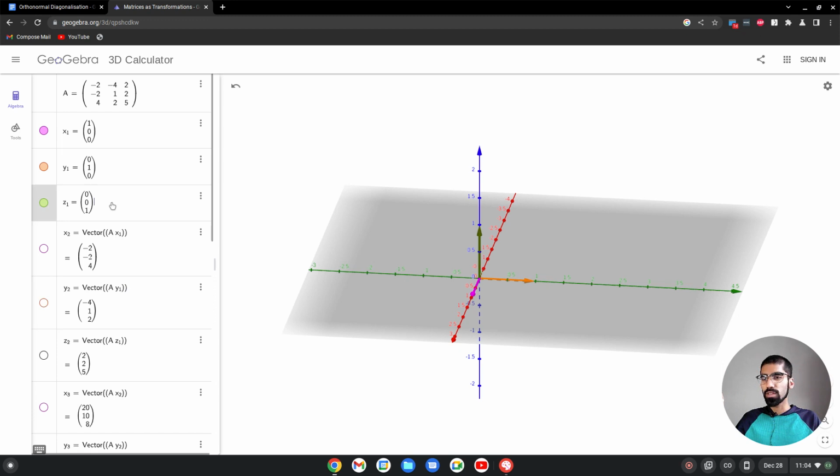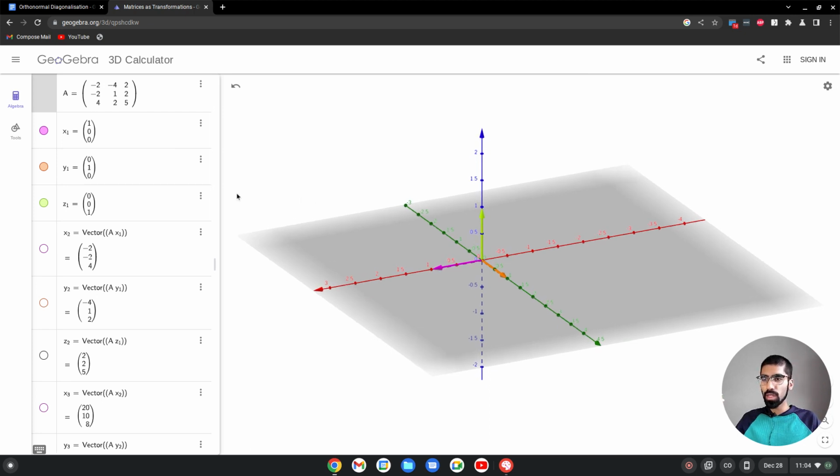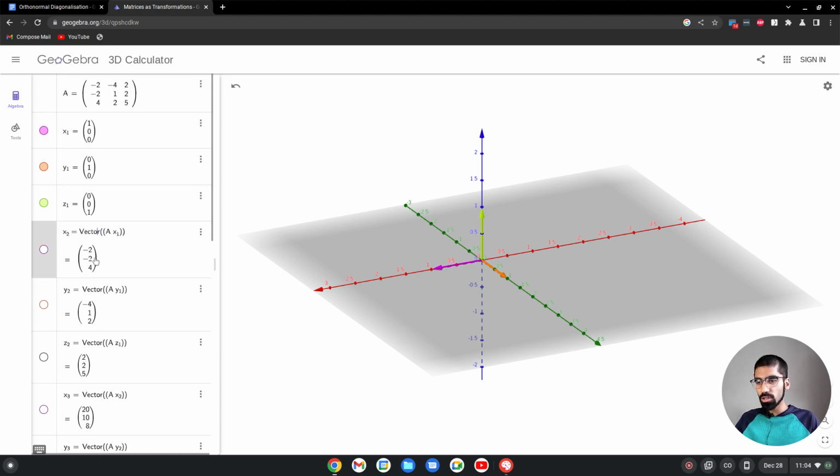So you'll notice that I am starting with my standard basis vectors, they're special vectors. And when I multiply my matrix with the standard basis vectors, you see that I actually get out the columns, each of these columns, as answers. You see? I get the first column being -2, -2, 4, and that's what I get when I matrix vector multiply A by x1.